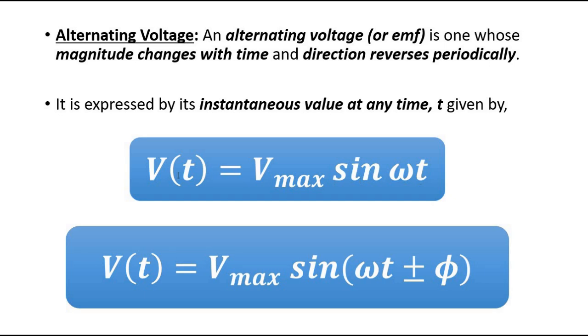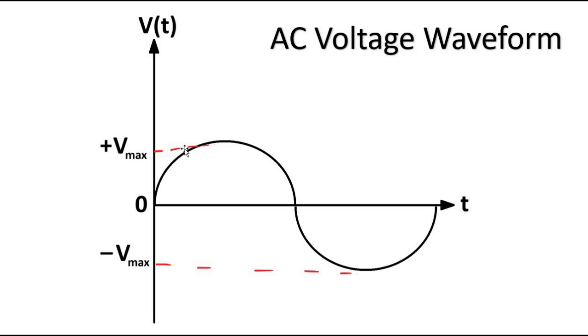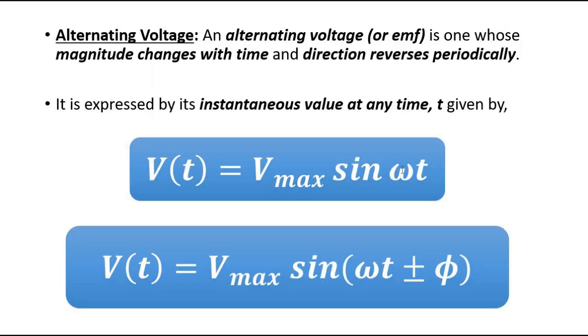Vt is called the instantaneous value of the voltage: at any particular time instant t, what is the value of the voltage. Vmax is the maximum voltage attained by the signal waveform. Omega is the angular frequency in radians per second and t is the time.